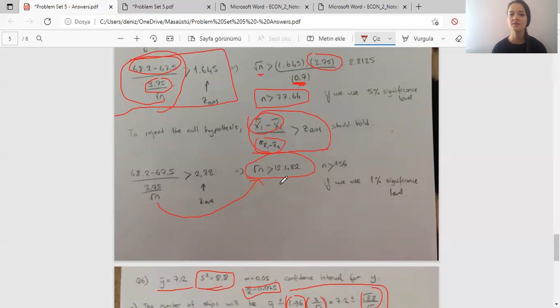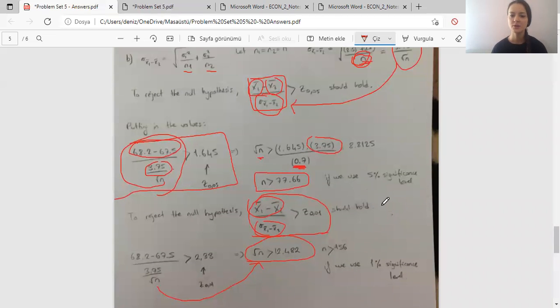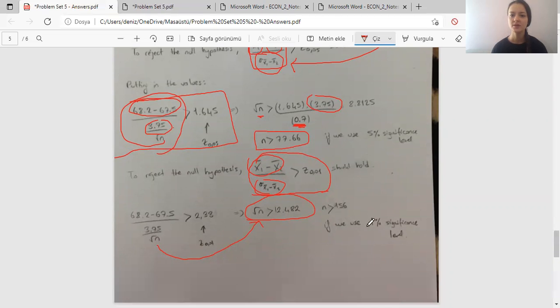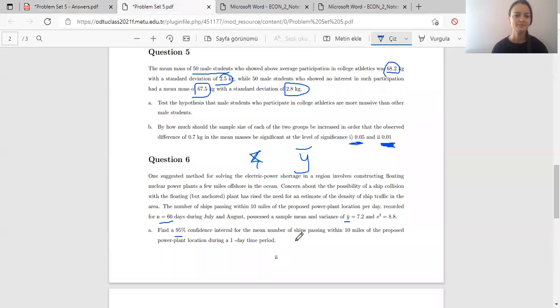So taking the squares of both sides, we are finding n is greater than 156 at 1% significance level. So here you must recognize that as you decrease the significance level, I mean, this is actually increasing the confidence level because this test includes 99% confidence level. Okay, so that's why we need a greater n here to reject the null hypothesis.